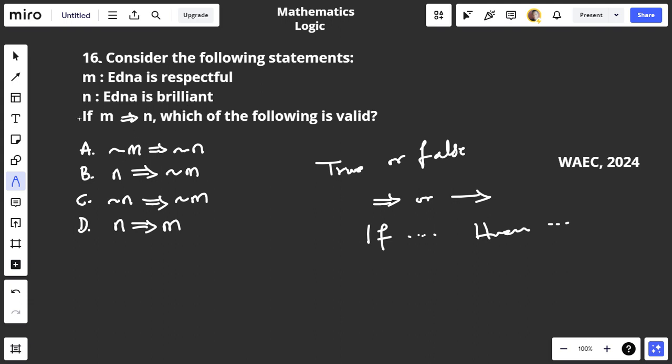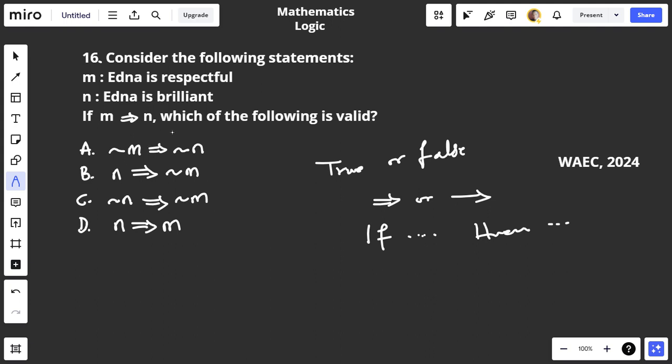So statement number 3 has given us a condition that for Egna to be brilliant, she has to first be respectful. That means Egna cannot be brilliant without being respectful. So she has to first be respectful to be seen as a brilliant person.